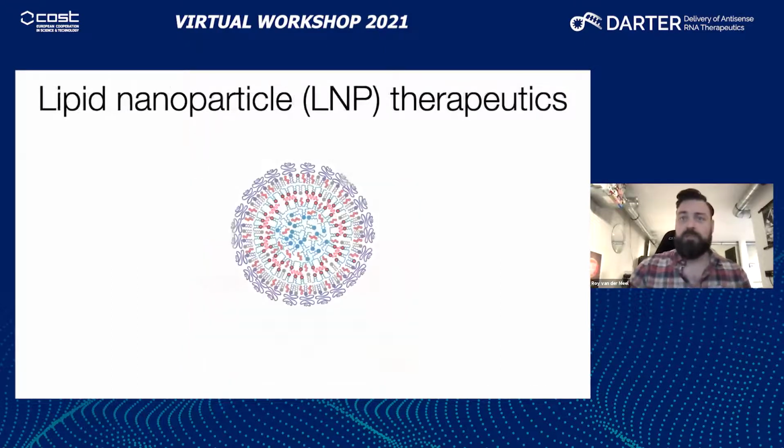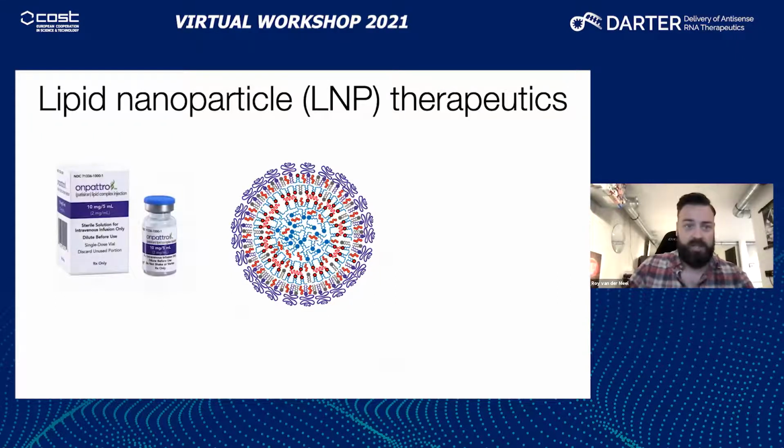Next to the systems that have been discussed, like the GalNAc siRNA conjugates or the antisense oligonucleotides, lipid nanoparticles are one of the other advanced technologies. I'm sure you're aware of Onpattro, mentioned by Camilla in her lecture, the first lipid nanoparticle siRNA drug, which came out in 2018.